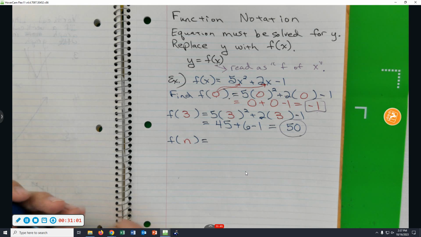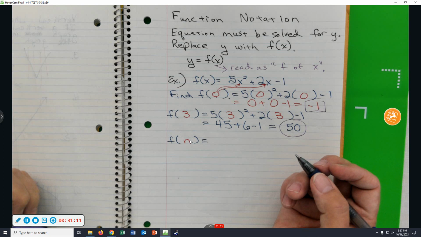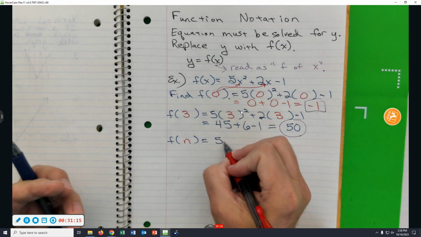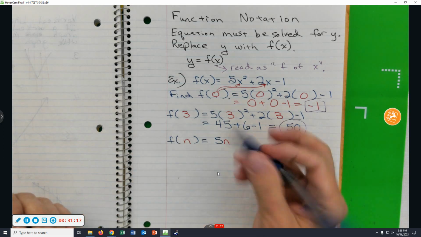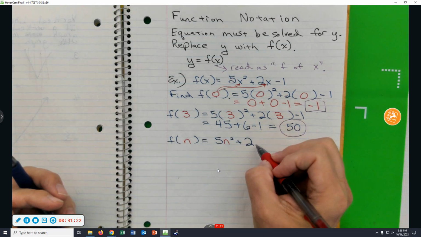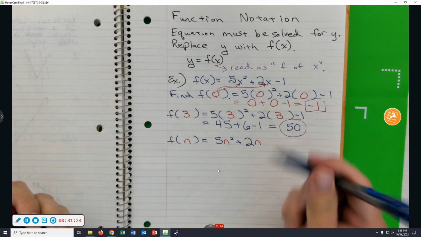That says go to your function f, and wherever you see a variable, you replace it with n. It's just a change of variables. All you're doing is just changing the letter. 5n squared plus 2 times n minus 1.